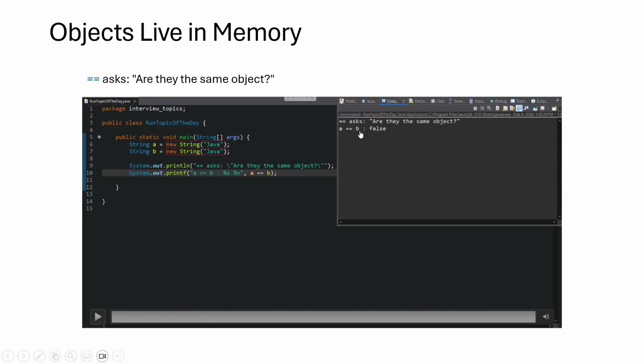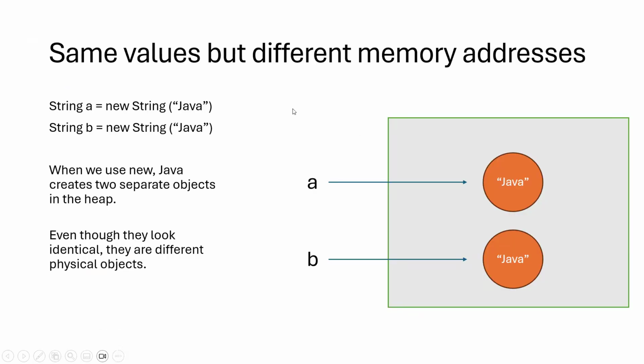Why is that? You have the same values, but different memory addresses. This string A and this string B are new instances of the string object with the value Java. Even though the values are the same, the memory addresses are different because whenever you use the new keyword, Java creates two separate objects in the heap, which is this gray box here.